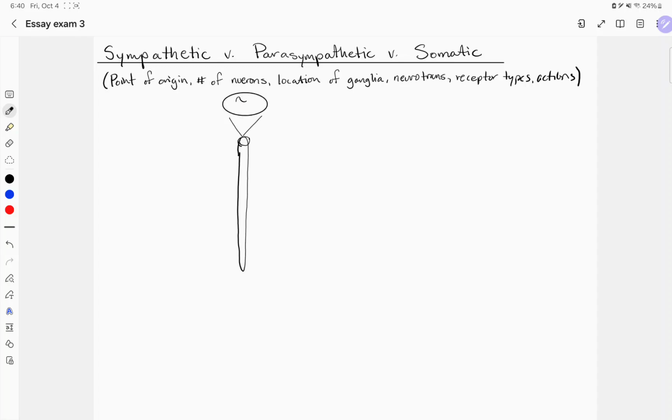If you'll remember from anatomy, we have our ventral and dorsal roots and our lateral horns on the sides here of the spinal cord. And that is where these cell bodies are going to be originating, the lateral horn of the spinal cord. So that's our point of origin.